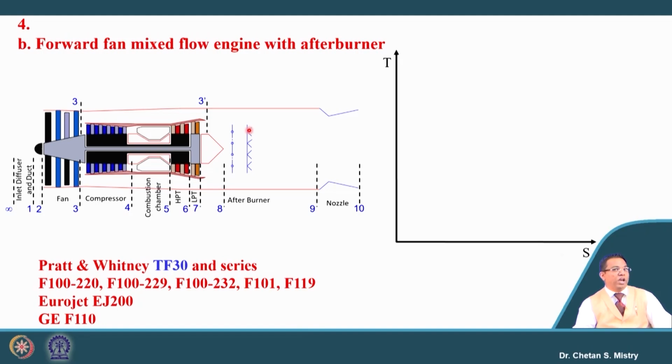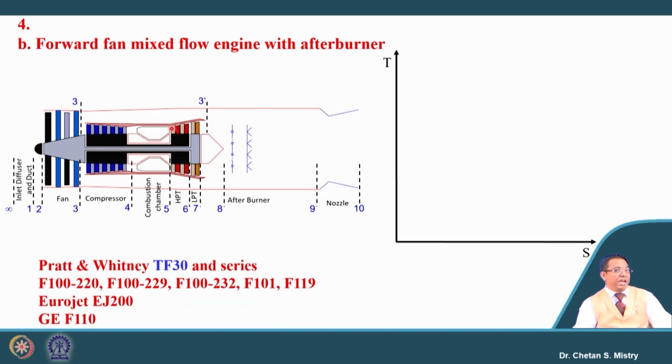Now, the question is, why are we looking for the combustion? Suppose if I want to increase the thrust of a particular engine, we know we need to have our exit velocity to be higher. Now, suppose if I am not having an afterburner and if I am looking for my exit velocity to be higher, then I need to go with my turbine entry temperature to be higher.